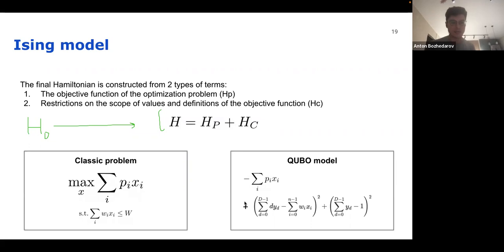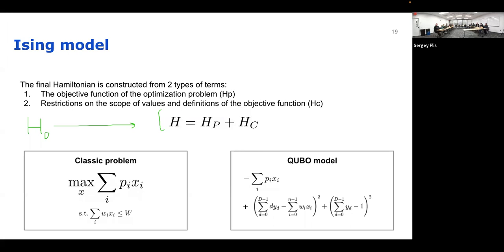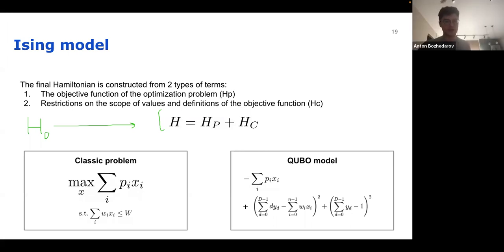That is the idea behind adiabatic evolution and encoding of the problem of interest, or some NP hard problems, into the Ising model or QUBO model. But there is no guarantee that we will actually stay in this ground state, because there are lots of fluctuations in the system. So it's a way to build such a system.